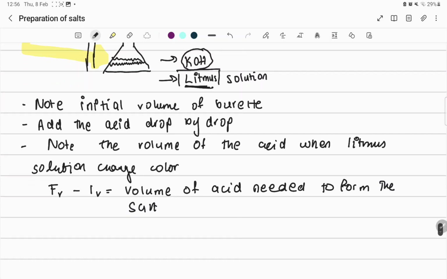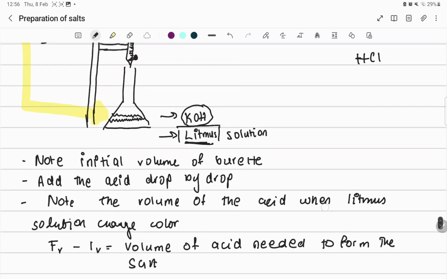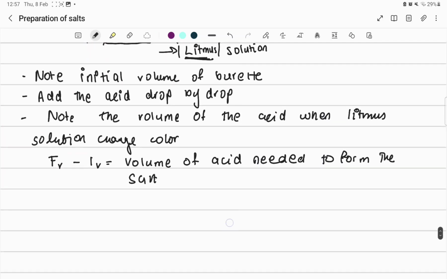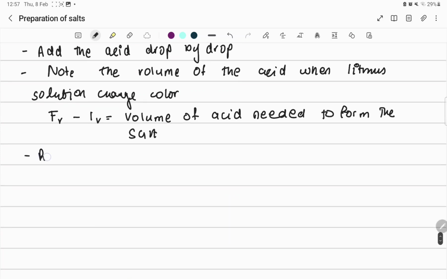So now that you know, okay, I need this much of the acid added to this much of my base, you will repeat the experiment with the known volume, forming your salt without anything else in it. You will form your pure salt, which is what you want.